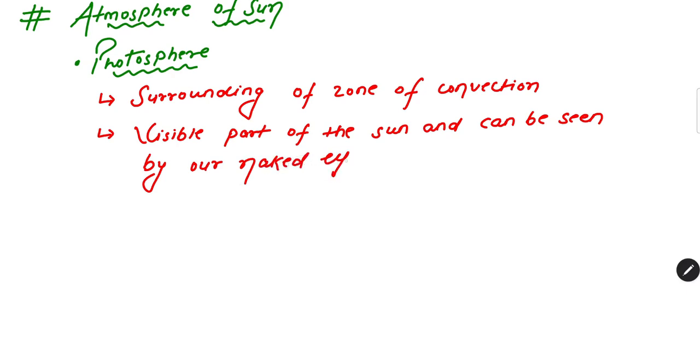The important thing is that whatever layer is present as an atmosphere of the sun, we can see all. You can see the photosphere, the chromosphere, and the last one, the corona also. We will discuss that also, but right now we are discussing the photosphere: surrounding of the zone of convection, visible part of the sun, and can be seen by our naked eye. This is the second part.